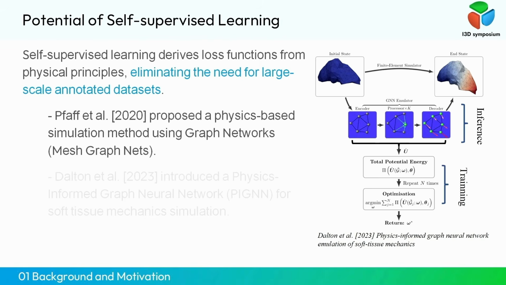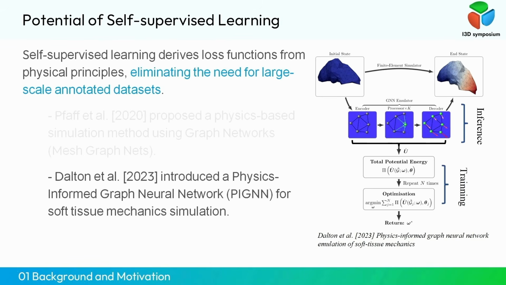Pfaff et al. 2020 proposed MeshGraphNets, MGN, which learn the propagation of dynamics in physical systems such as fluids, cloth, and soft bodies through recurrent message passing blocks. Dalton et al. 2023 introduced physics-informed graph neural networks, PIGNN, for soft tissue mechanics simulation, incorporating prior knowledge of physical models to construct a self-supervised framework and reduce dependence on labeled data.